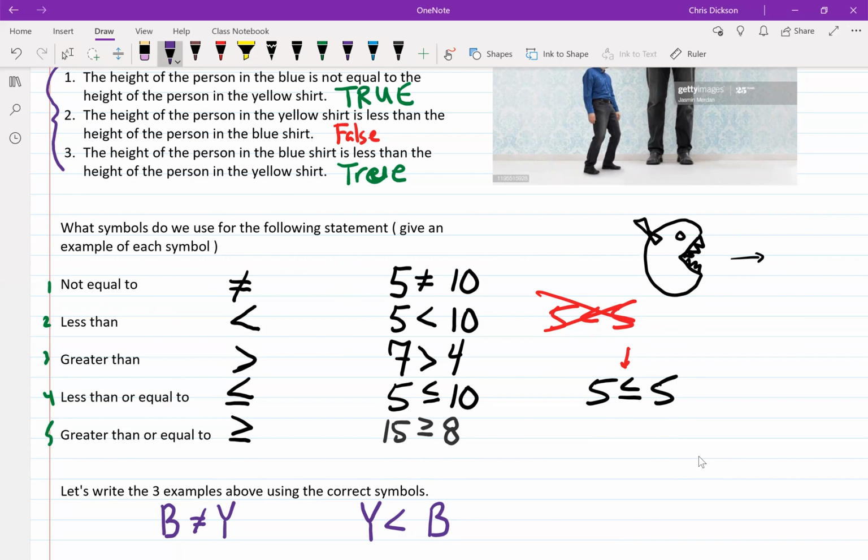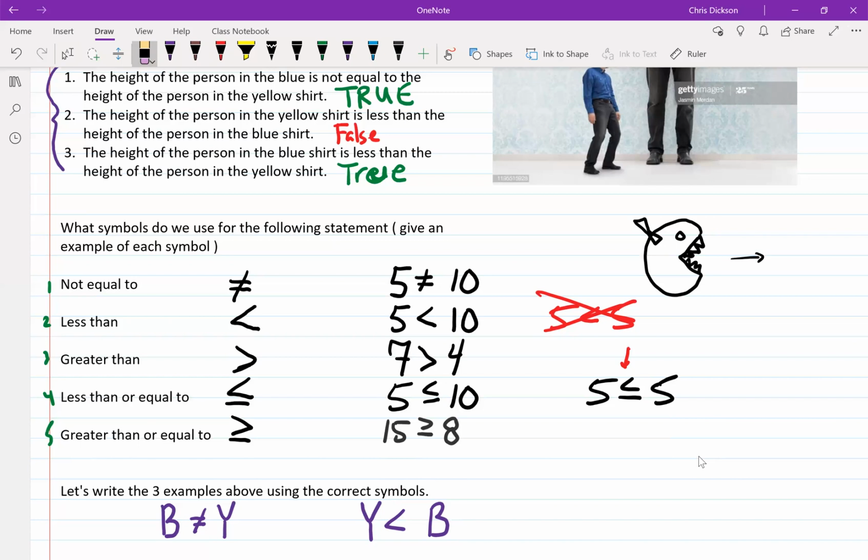Now, there is another statement you could write. You don't have to learn this. It's not part of our lesson. But if this is untrue, you can just draw a line through it, just like the not equal to sign. And now what you'd be saying is Y is not less than B. But we're not going to give you too many symbols, so I'm going to erase that one.